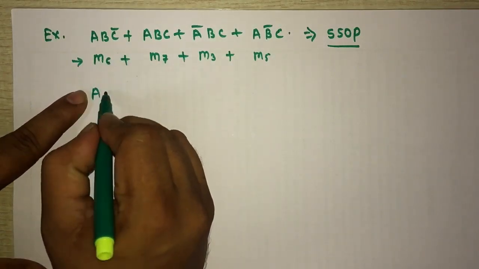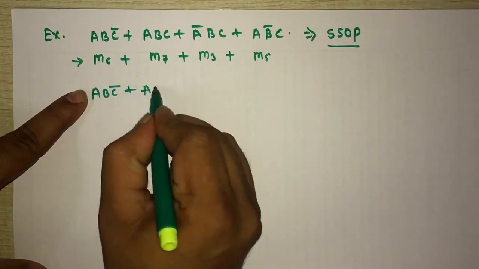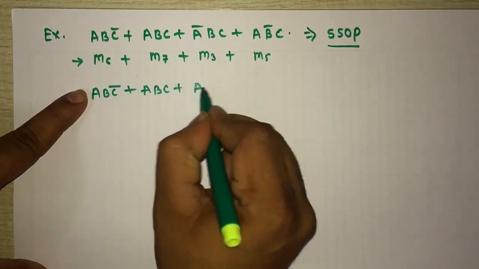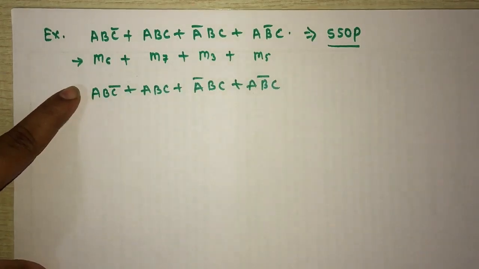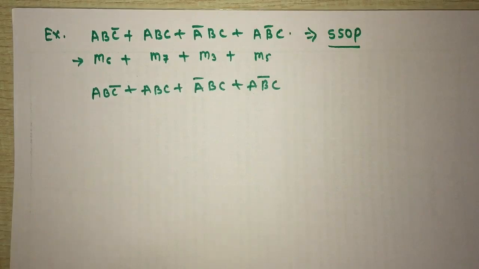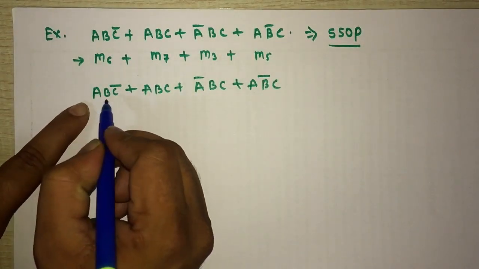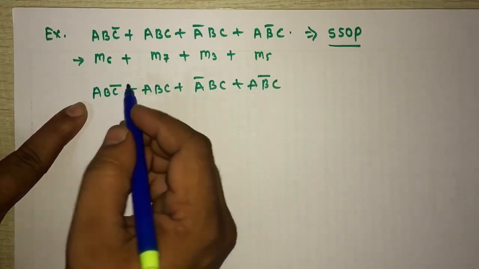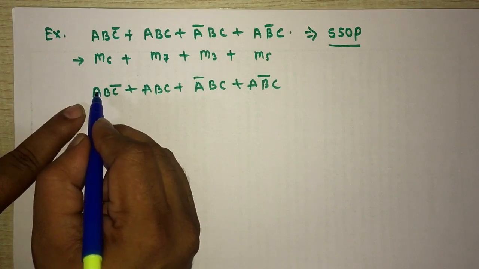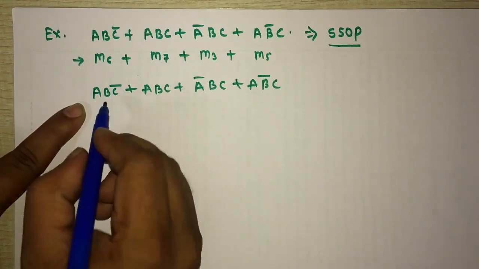Suppose I again write this equation: A B C bar plus A B C plus A bar B C plus A B bar C. Now in case of an SOP equation, bar will indicate the 0 value, and if bar is not there, then it is the original value, and bar is the complement value.